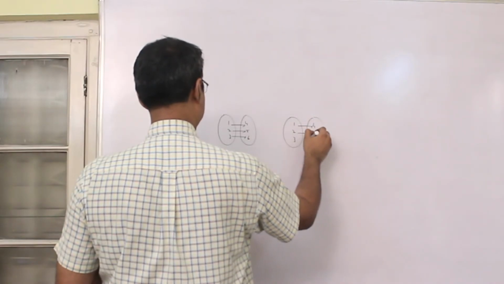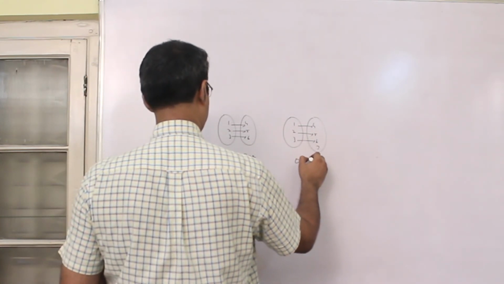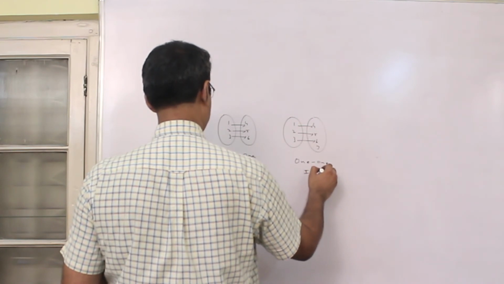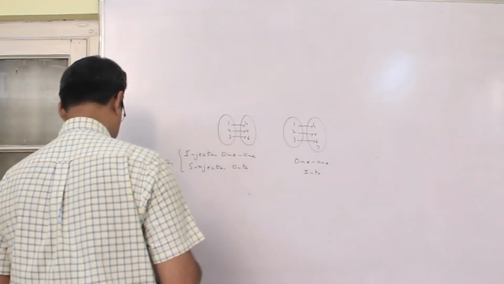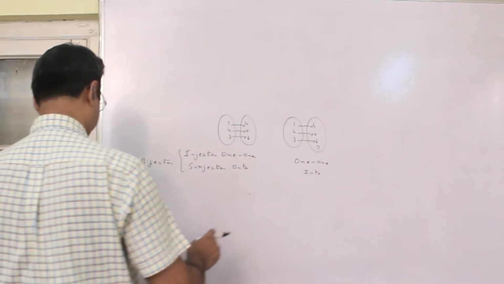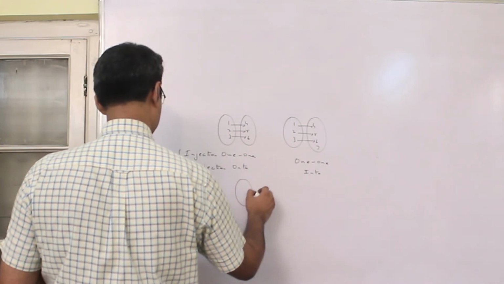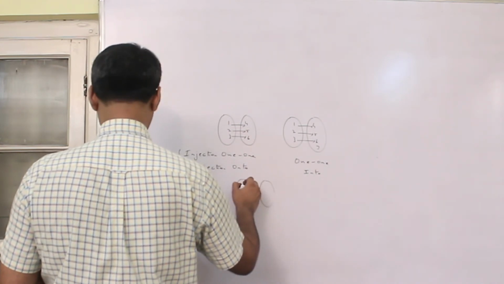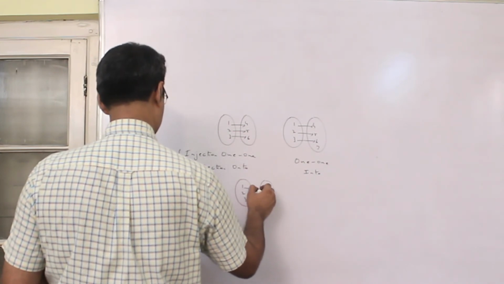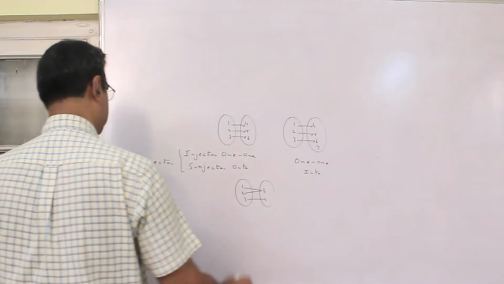Have a look at this function. This one is definitely one-to-one, but it isn't onto. In fact, it is into. That means it is an injection but not a surjection. Now have a look at this one.